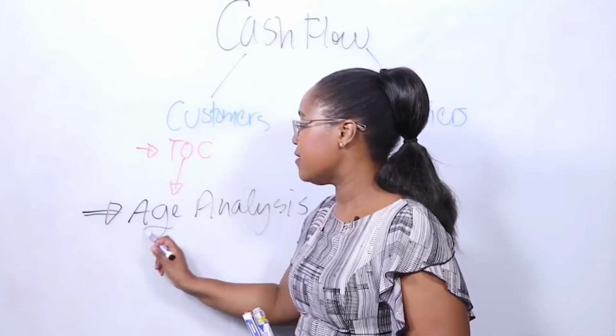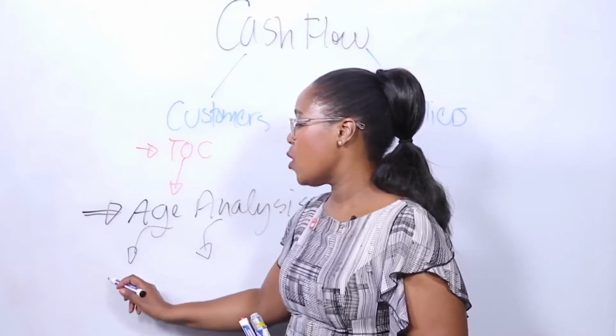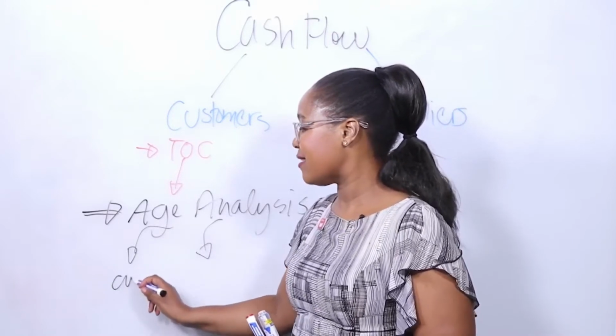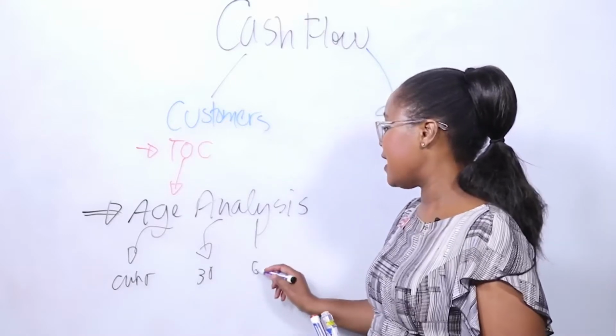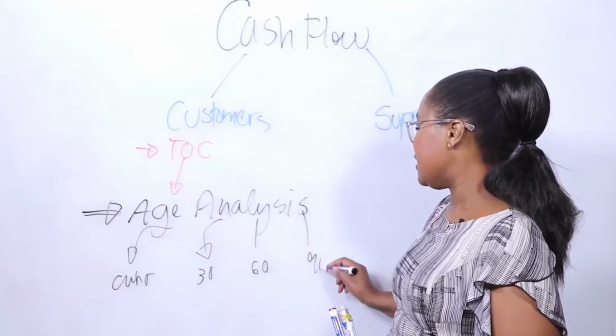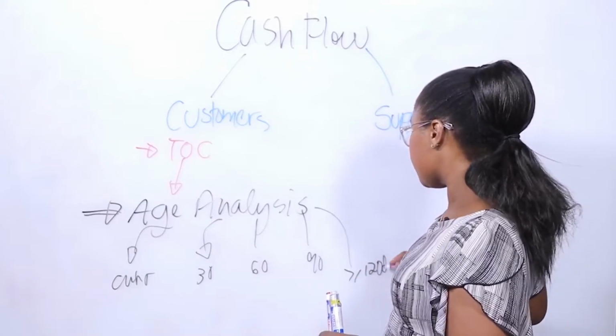And in your reporting, you will start monitoring if they are complying with the terms and conditions by analyzing. The age analysis is when you are issuing the statement that will show who has paid you, who has a current account, who has 30 days, who has 60 days, who is sitting on 90 days, who is sitting on anything above 120 days.